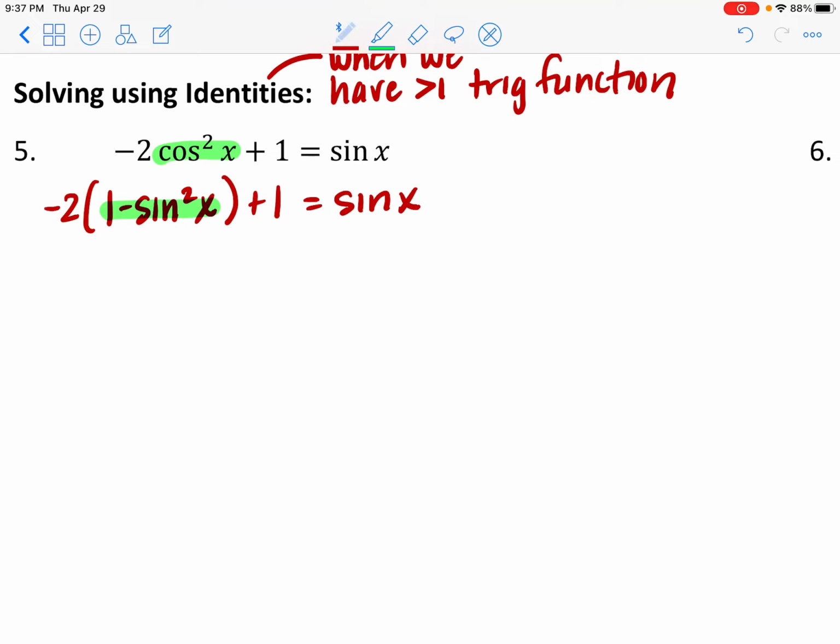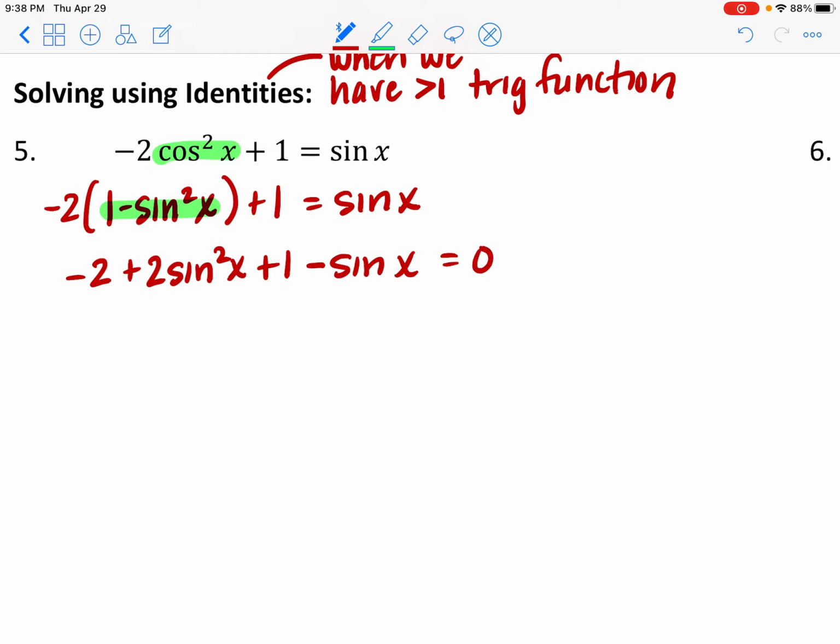Okay, now this looks just like number 4 to me. I have a sine squared in there, I have a sine to the first in there. It's all one trig function now, and I have a square, which is telling me I need to try to factor. So I'm going to distribute. This is going to be -2 plus 2 sine squared x plus 1, and I'm going to subtract the sine of x over to get it equal to 0.